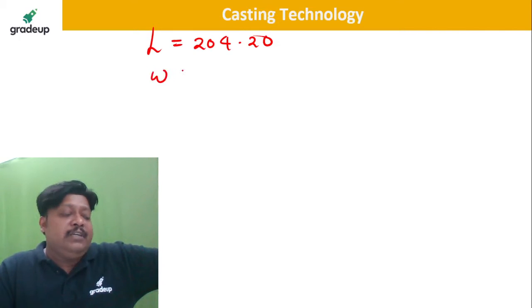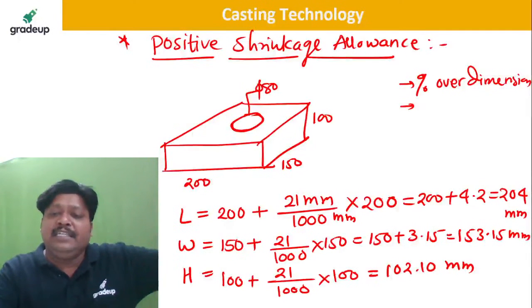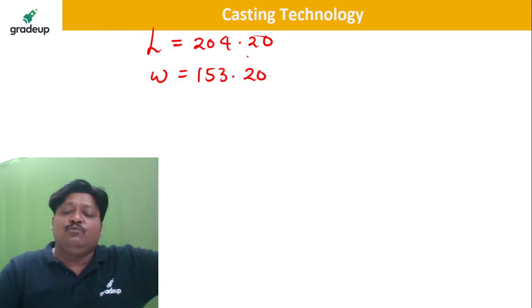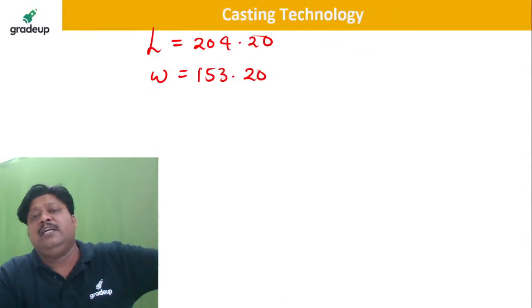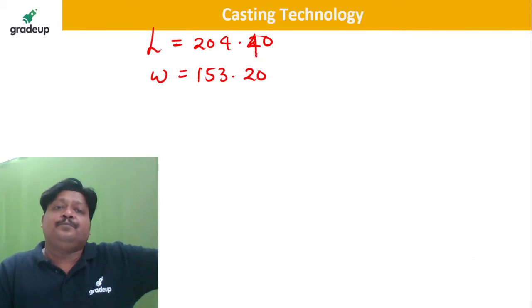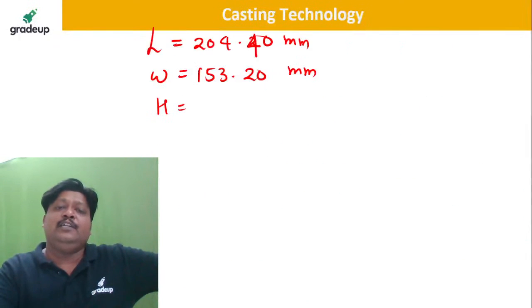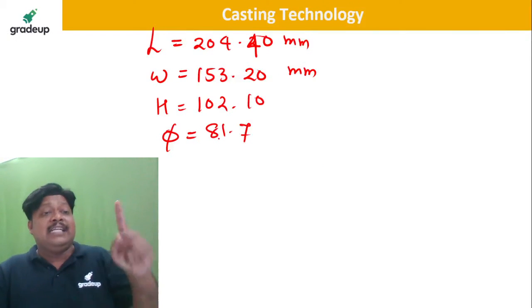What is the new width we are having? 153.20, rounded. And it is 204 point how much? It is 4, so I will write it as 204. This is 153.20, rounding off, and the height will be how much? 102.10. And at the same time, what is the bore dimension? Phi is equal to 81.7.